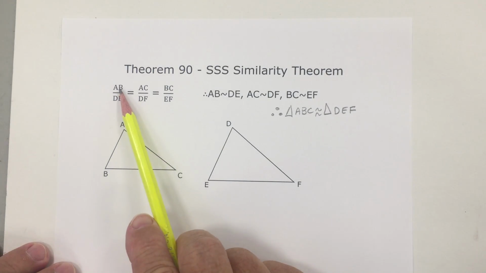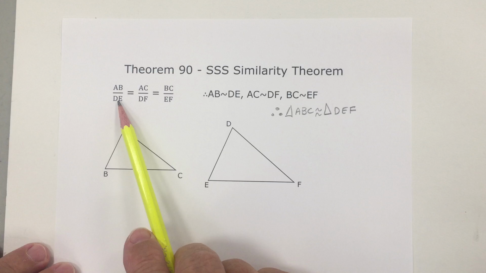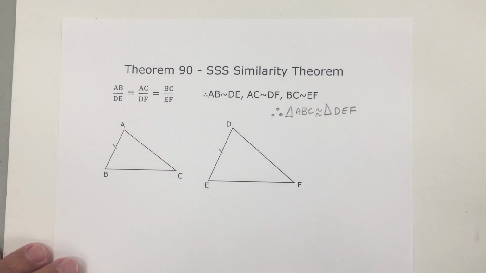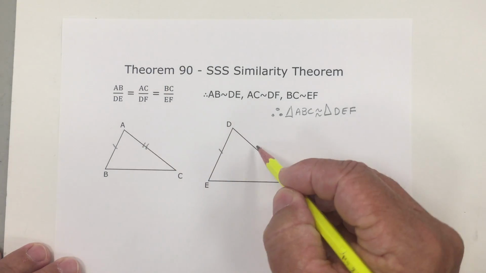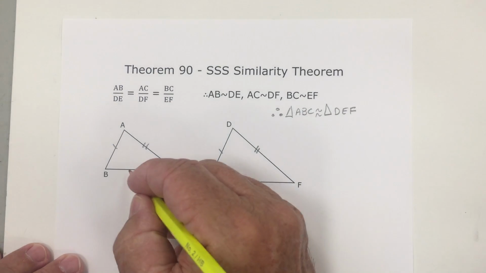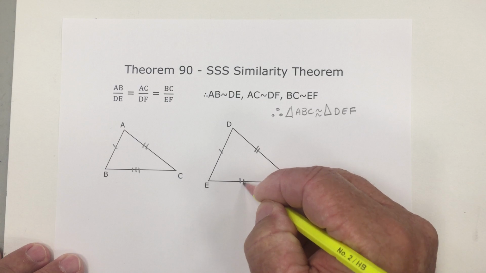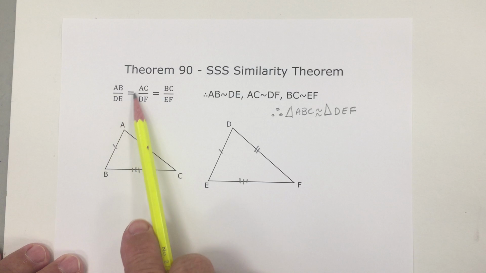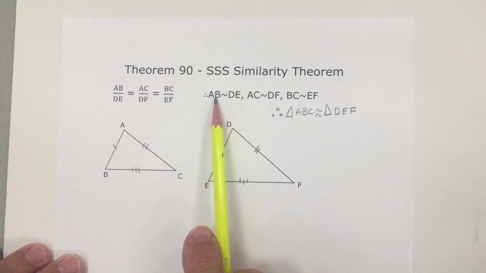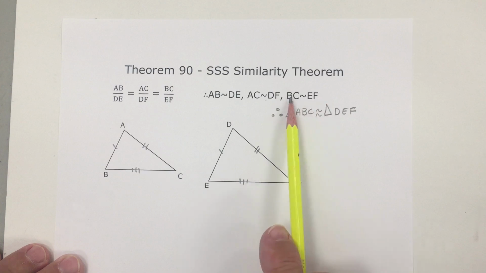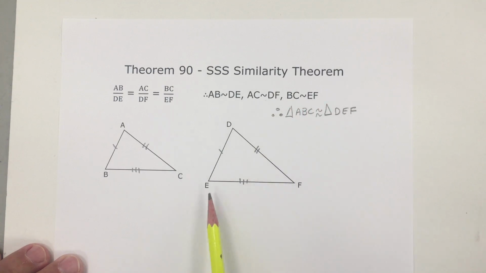Part of our definition is AB is corresponding to DE. AC is corresponding to DF. And BC is corresponding to EF. So if we find that these are true, then AB is similar to DE, AC is similar to DF, and BC is similar to EF.